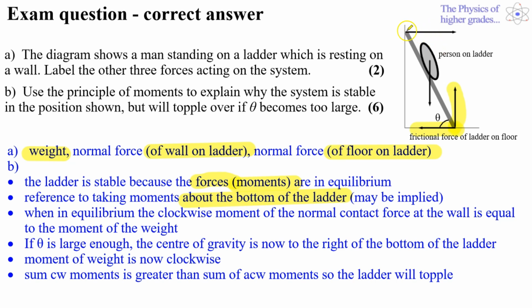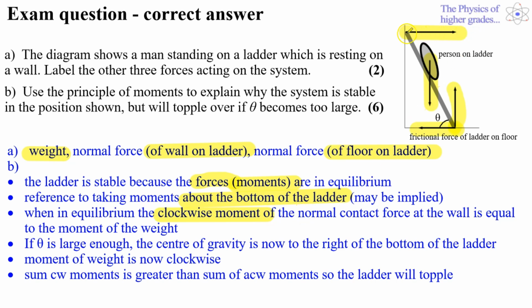So we only actually have 2 forces we need to consider: the normal force here and the weight. The clues in the question are identifying the forces. Why have they asked us to identify these forces? Because we need to make reference to them in part B. When in equilibrium, just saying clockwise moment equals anti-clockwise moment probably isn't going to get us a 2nd mark.